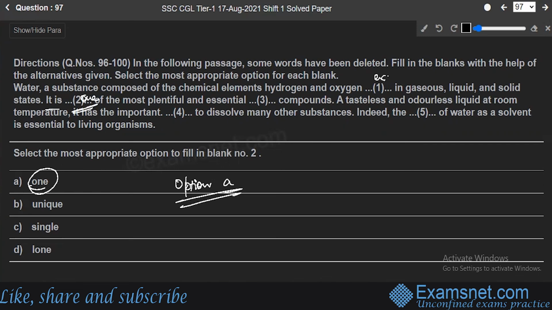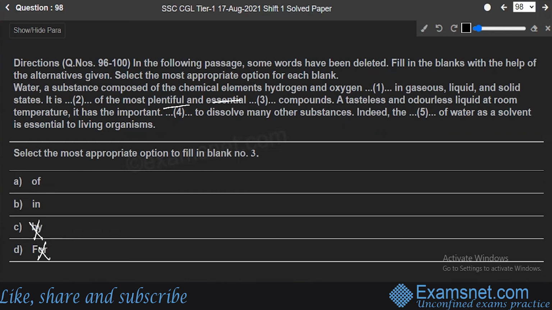Here we already had exists. So let's go to the next one. Here, you have to fill in the third blank. Dash compounds. It is one of the most plentiful and essential of the compounds, in the compounds, by the compounds, for the compounds. By, for, they are out of the line, they can't be there.